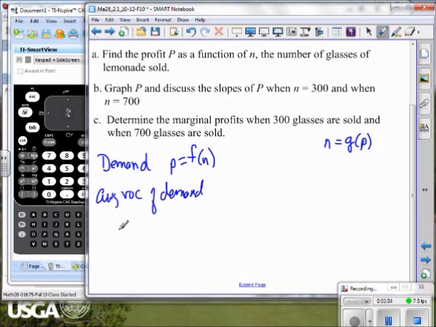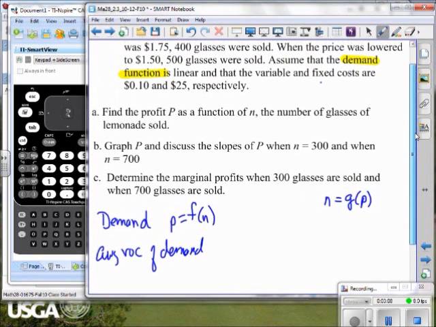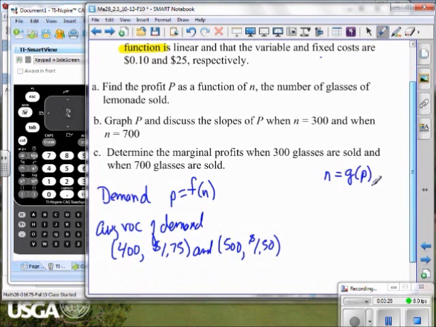So we've got two points we can look at. We can look at 400 and $1.75. And then we have 500 and $1.50.